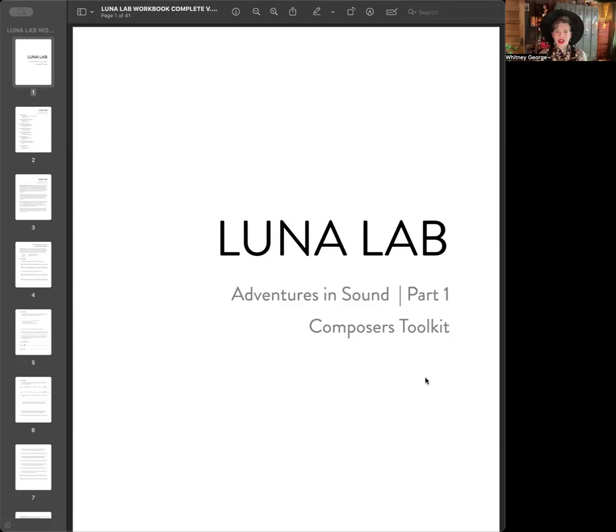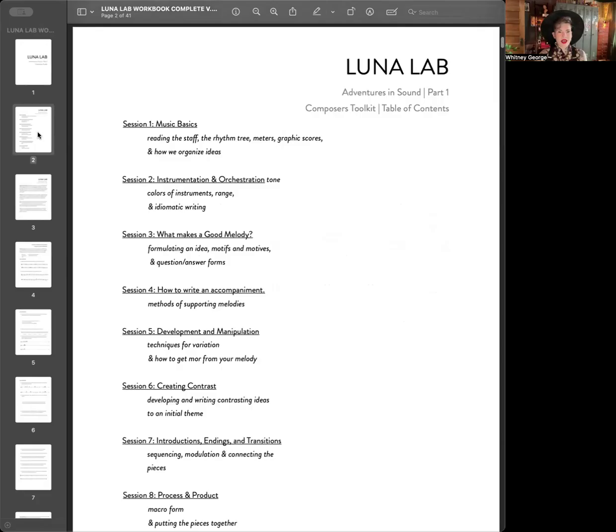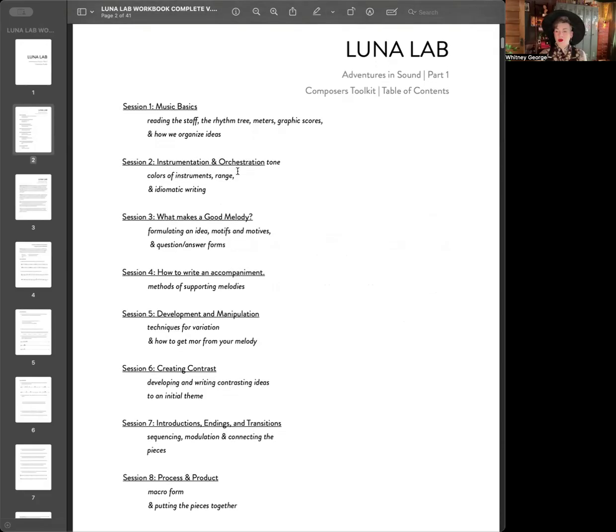Here's the semester one class. It's called Composer's Toolkit. We'll notice that we have a table of contents first, which shows you what we talk about in our first fall semester together. We start off with music basics, talking about how to read the staff, the rhythm tree, meters, and graphic scores.